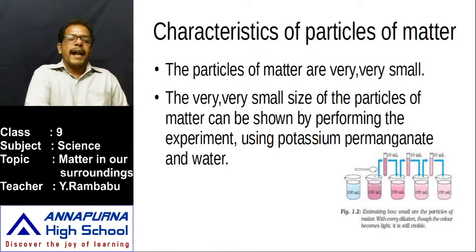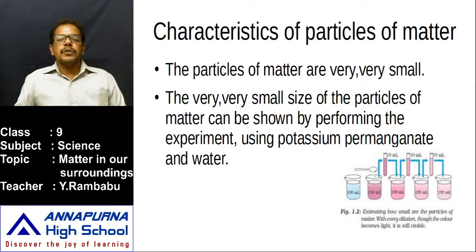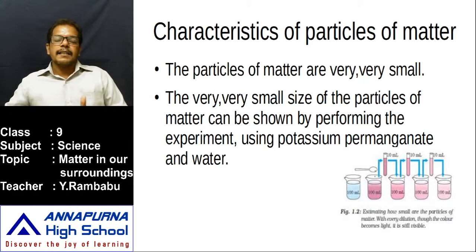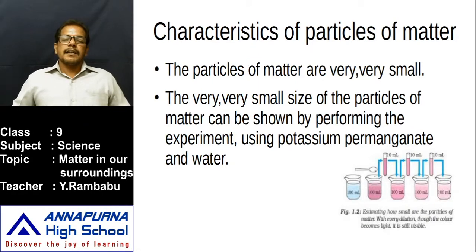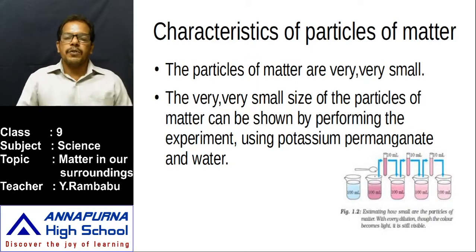If we add 10 milliliters of the solution to the second beaker, the number of particles decreases. If you go on adding like this, the number of particles decreases. That's why the color fades out.